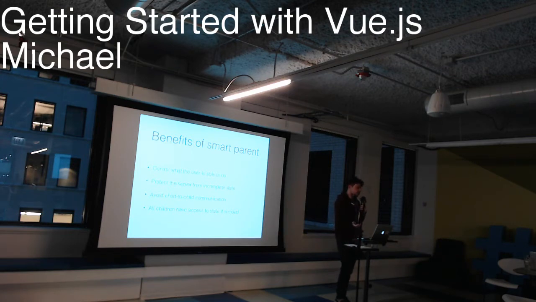You protect your server from incomplete data. If you're submitting a form and it needs to have this information and you click enter, you don't want to send that to the server and then the server looks at it and says, hey, I need the last name in order for me to create this model or this row in the database.